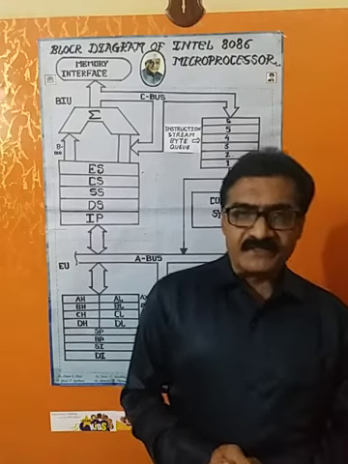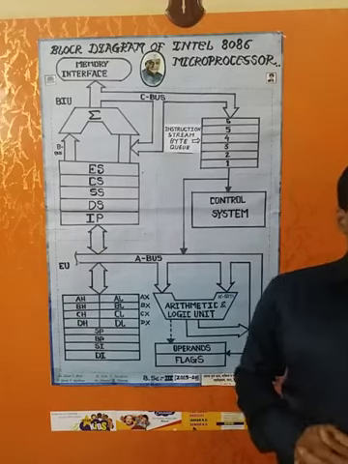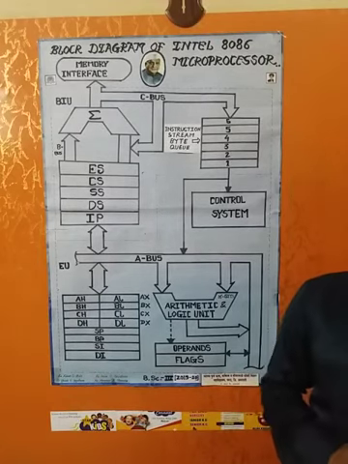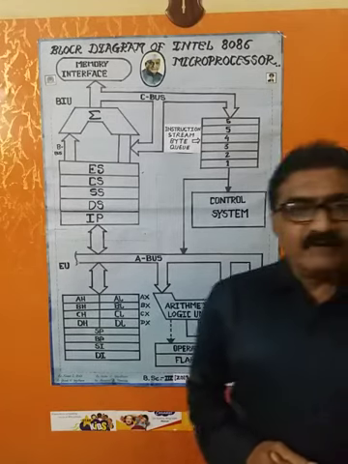Then what is the function of the BIU? The BIU handles the transfer of data and addresses between the processor and memory and IO devices.